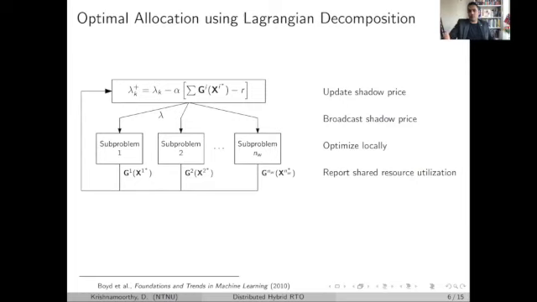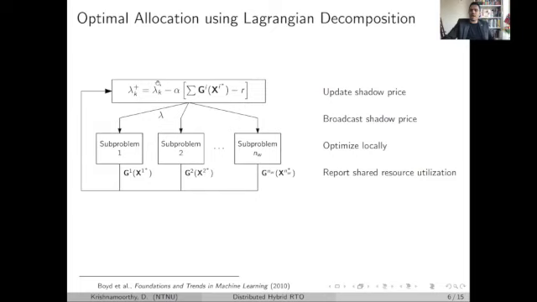So to recall, in the Lagrangian decomposition framework, we have a master coordinator that updates the shadow price based on the reported resource utilization by the different subproblems, and the shadow price is broadcast to the different subproblems. And using this shadow price, the different subproblems would just optimize locally in order to maximize their local objective and report back the shared resource utilization.